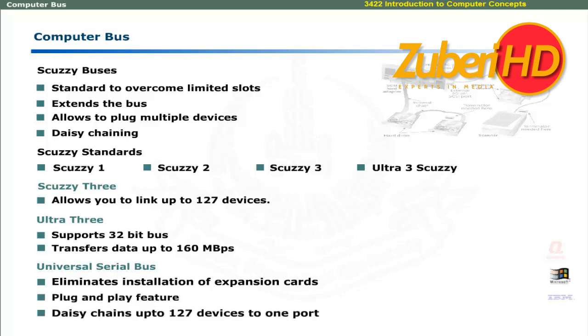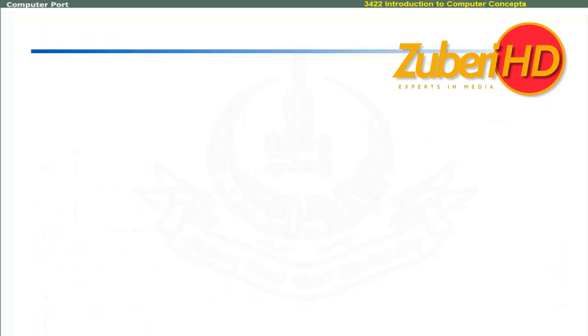It allows to daisy chain up to 127 USB compliant devices to a single USB port. It allows fast data transfer rates up to 12 megabits per second.